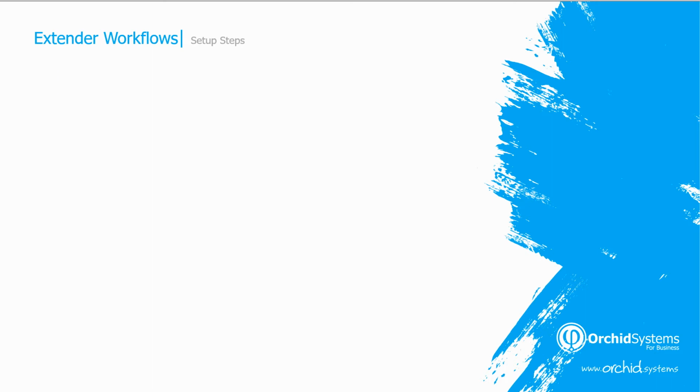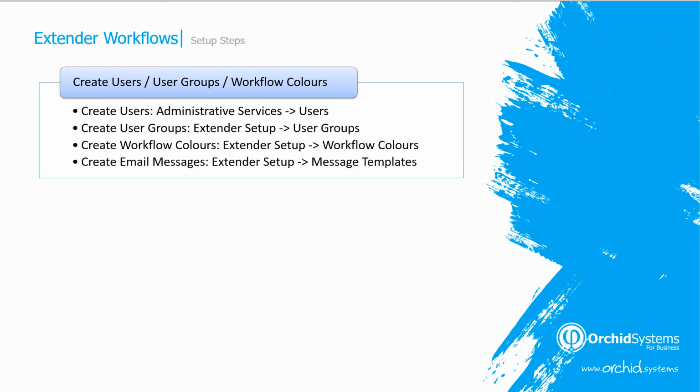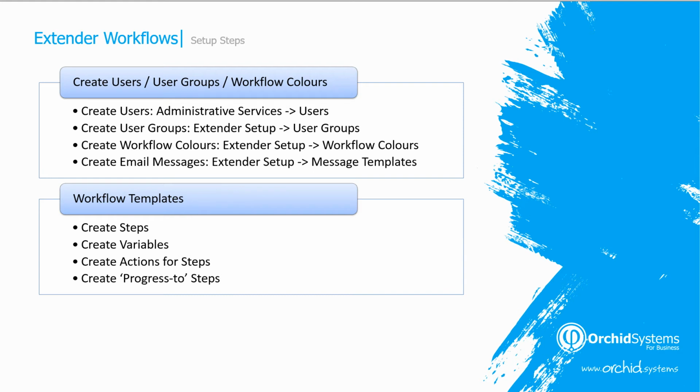We have seen the setup steps we needed to do to run a workflow. We needed to create the users, the user groups if we're using them, workflow colors if we're using them, and the email message templates. And then we need to create our workflow template. We need to create our steps, create variables, create the actions for the steps, and create the progress to steps where appropriate.